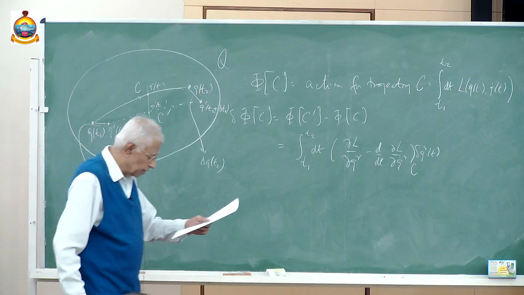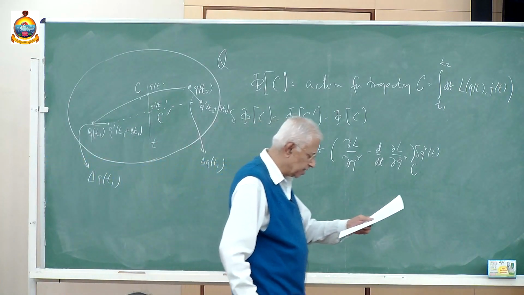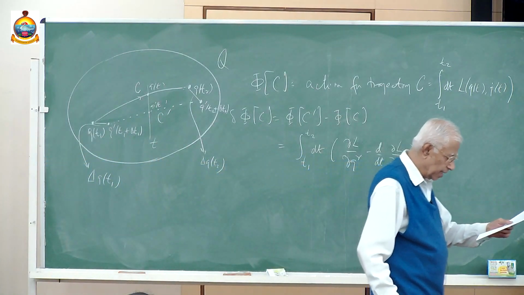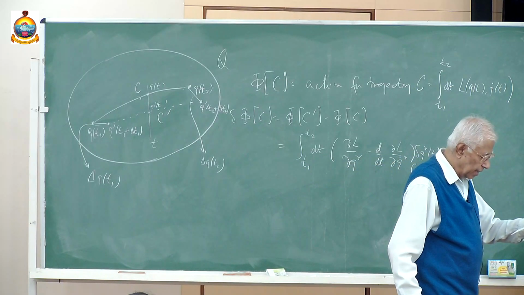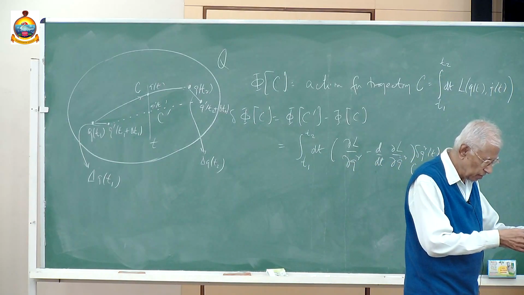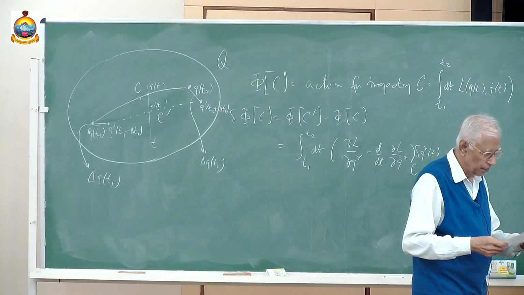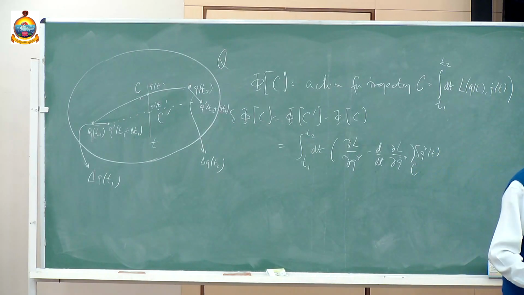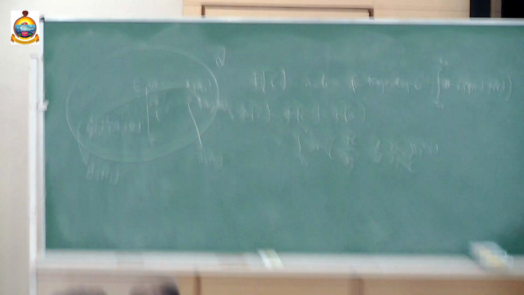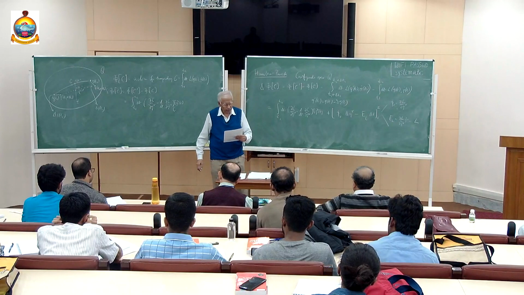There is something by Gauss called the principle of least constraint in 1829, and there is Hertz's principle of least curvature in 1894 or so. I think all of these are briefly described or mentioned in Sommerfeld's book.